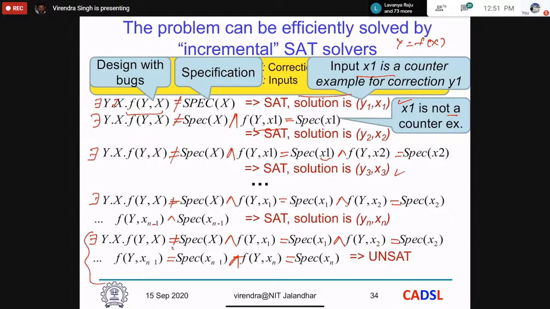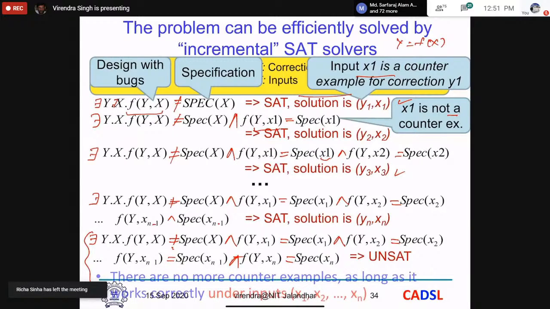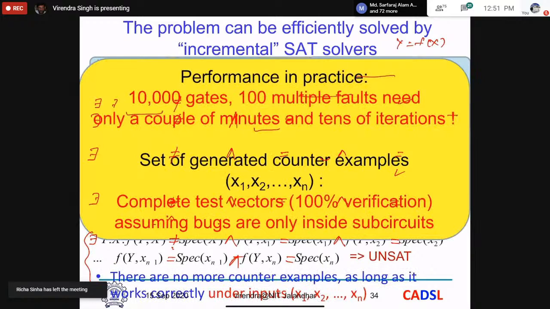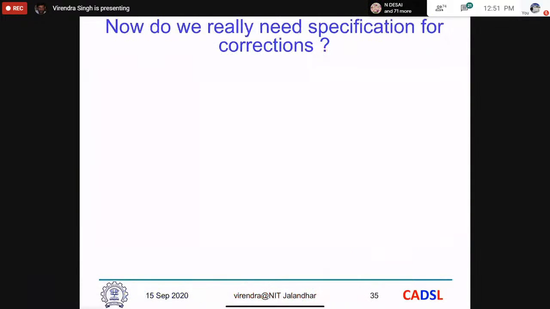This becomes unset. That means whatever configuration I have is the correct solution. That's the crux of the problem. And now you can see that you don't need to explore all the possibilities, and this is pretty fast.